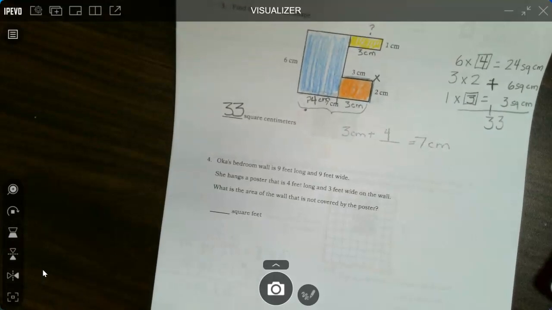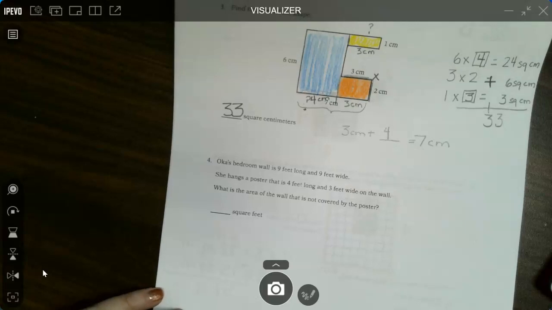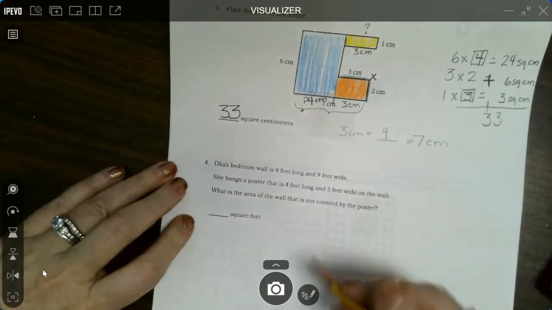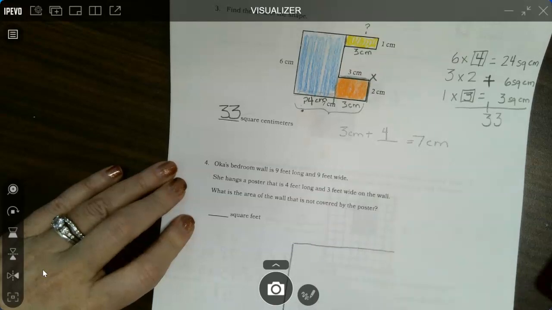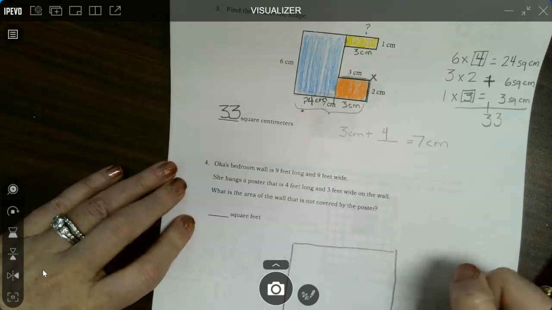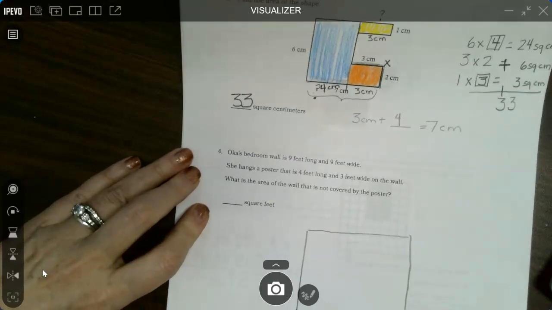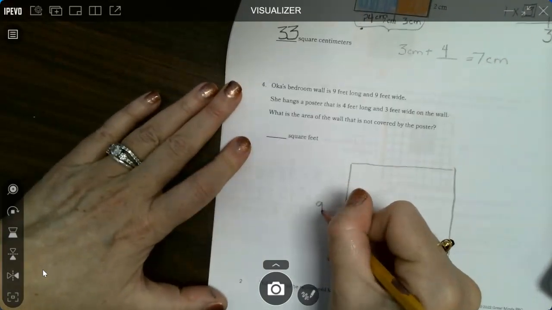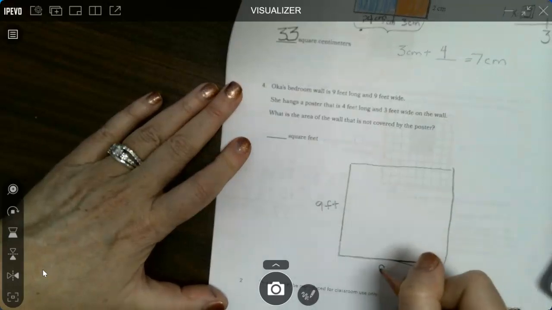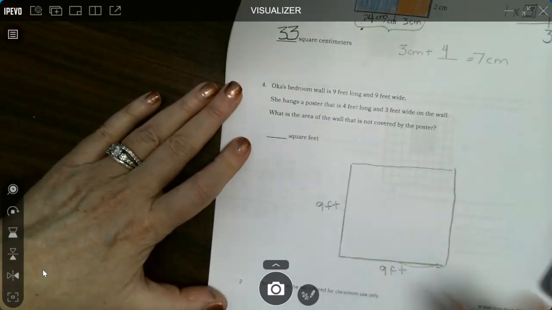Number 4, Oka's bedroom wall is 9 feet long and 9 feet wide. I'm going to go ahead and draw myself a bedroom that's a square as best as I'm able. So Oka has a 9-foot by 9-foot bedroom.